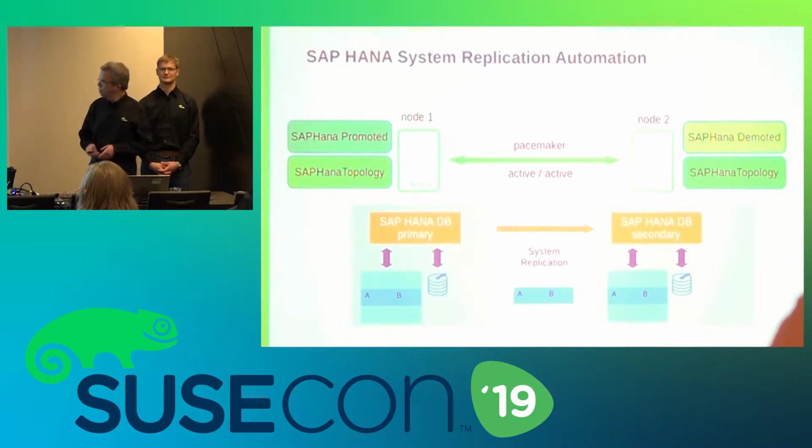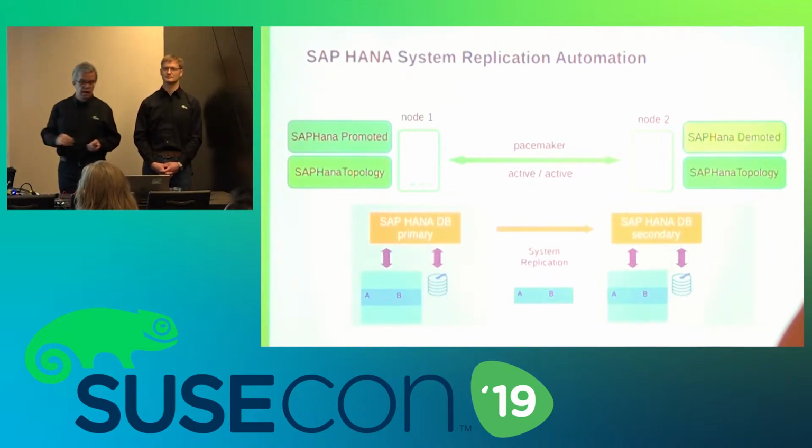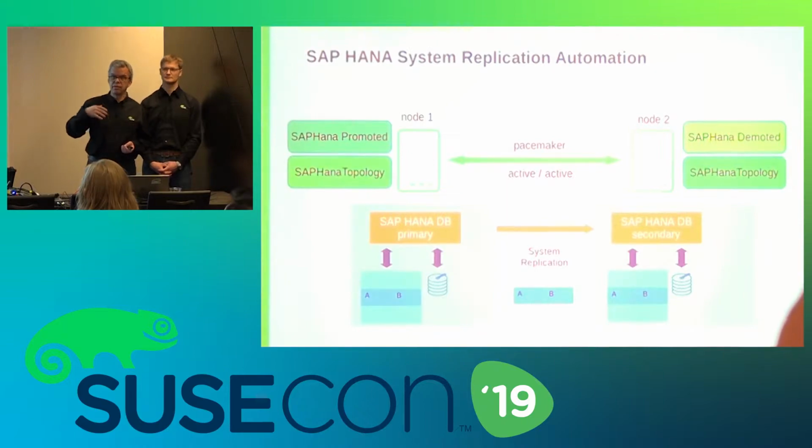In our cluster, we have implemented that with a master-slave or multi-state resource. You see that the primary side is the dark green, promoted, and this is the status that SAP HANA is running as a primary, the system replication source. The light green is HANA running as a multi-state slave or demoted status, and this is how you can find it in our cluster.